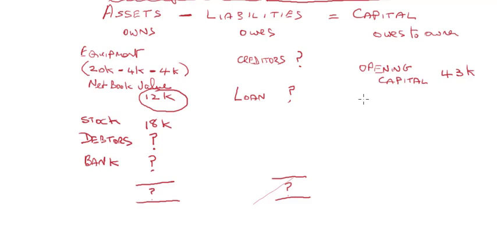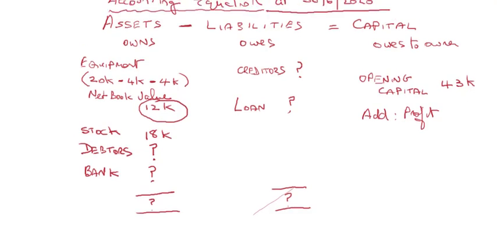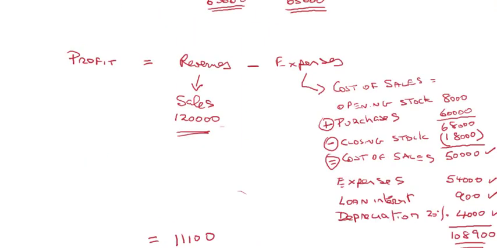And what we're going to do is add to that the profit of the year. I'll just put in there the net profit, because the profit belongs to the owner. So we always add profit onto the opening capital. Now we do know what it is. Even though we haven't done the profit and loss account, we worked it out here, so we might as well put it in.